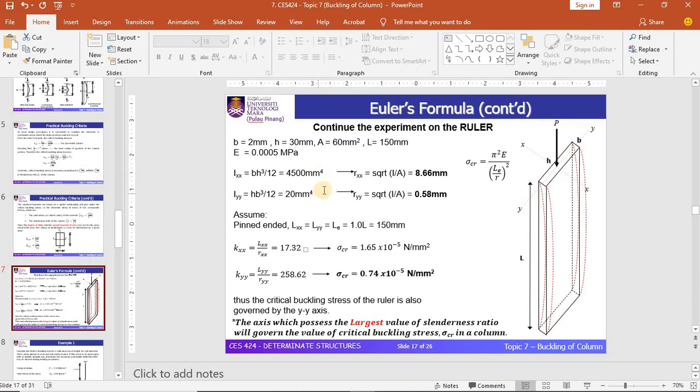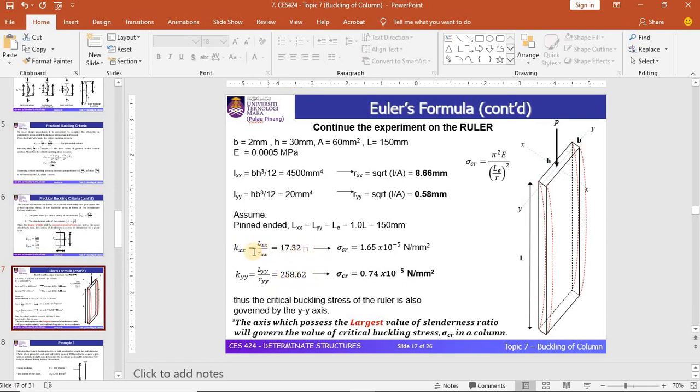Calculating RXX and RYY, RXX is equal to 8.66 mm and RYY is equal to 0.58 mm. Assuming Lxx and Lyy equal LE equal to 1.4 L, this gives us 150 mm. So KXX and KYY are equal to 70.32 and 258.62 respectively.